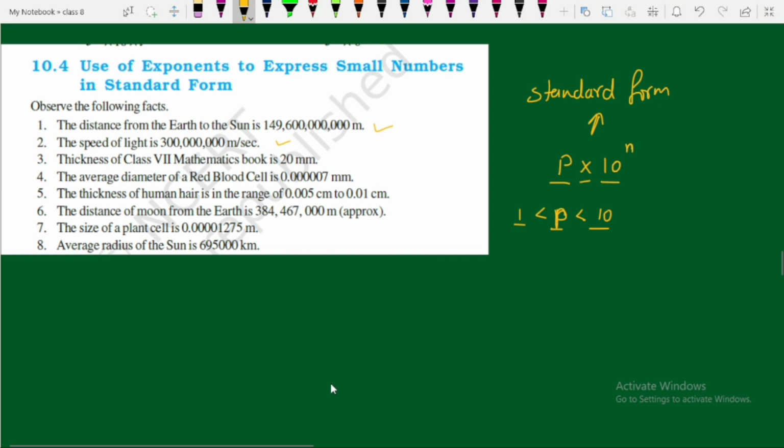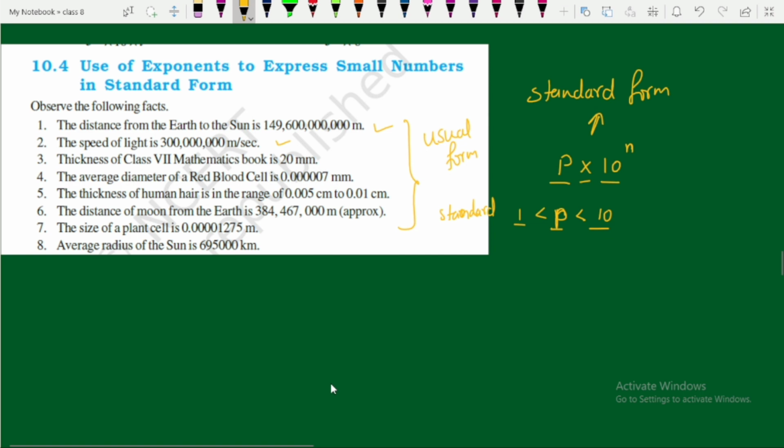This is a very small number, so we are going to write it in standard form. Whatever numbers are given are in usual form, so we are going to see in this exercise how to write usual form in standard form, or standard form in usual form.